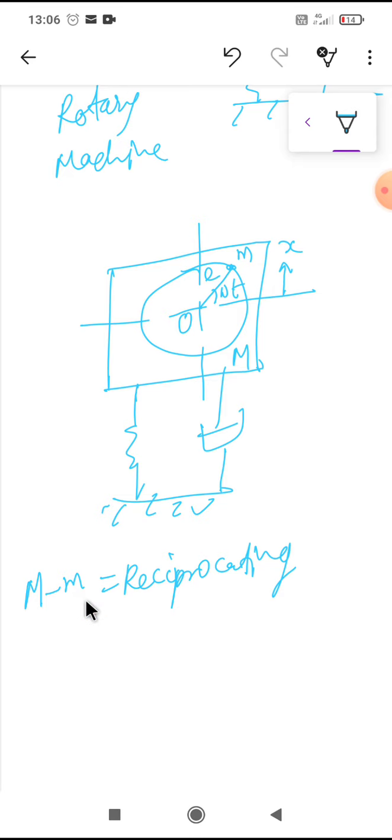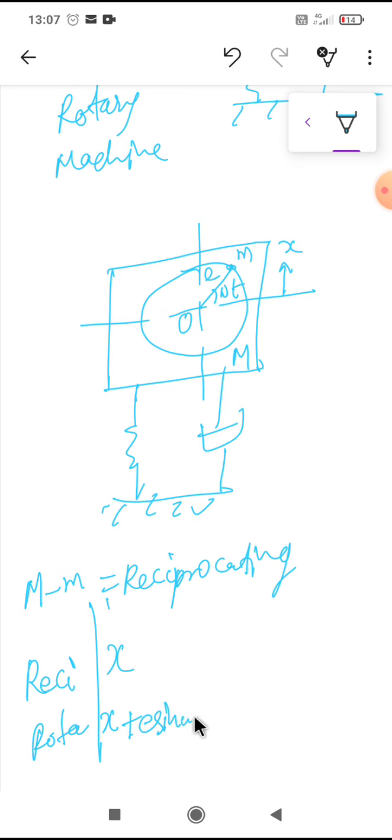So the displacement of the total mass except the rotating mass, that is M minus m, the displacement of this reciprocating mass, if we want to find out for the reciprocating mass and the rotating mass, the displacement will be x, but here it will be x plus e sine omega t.